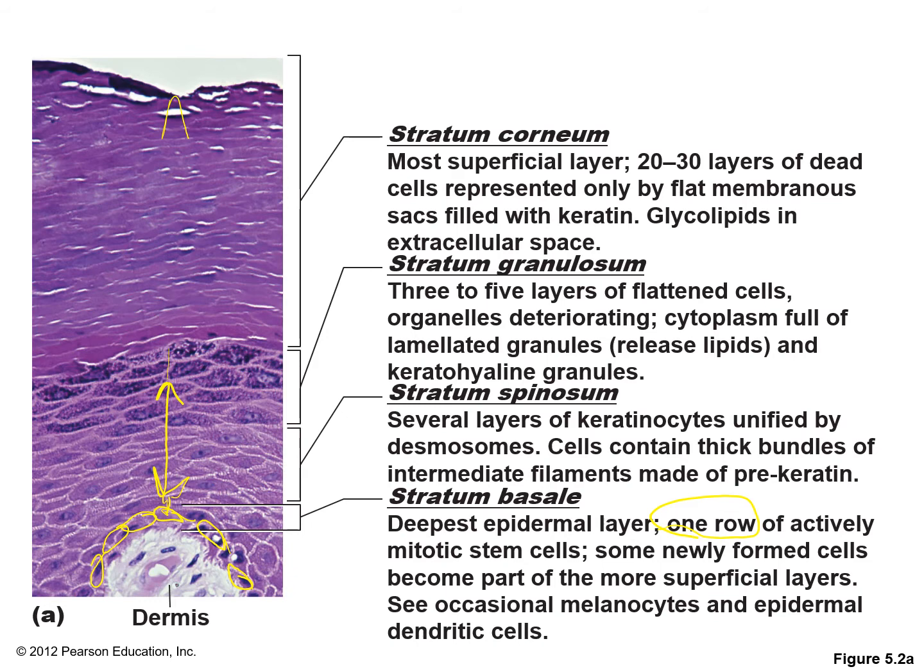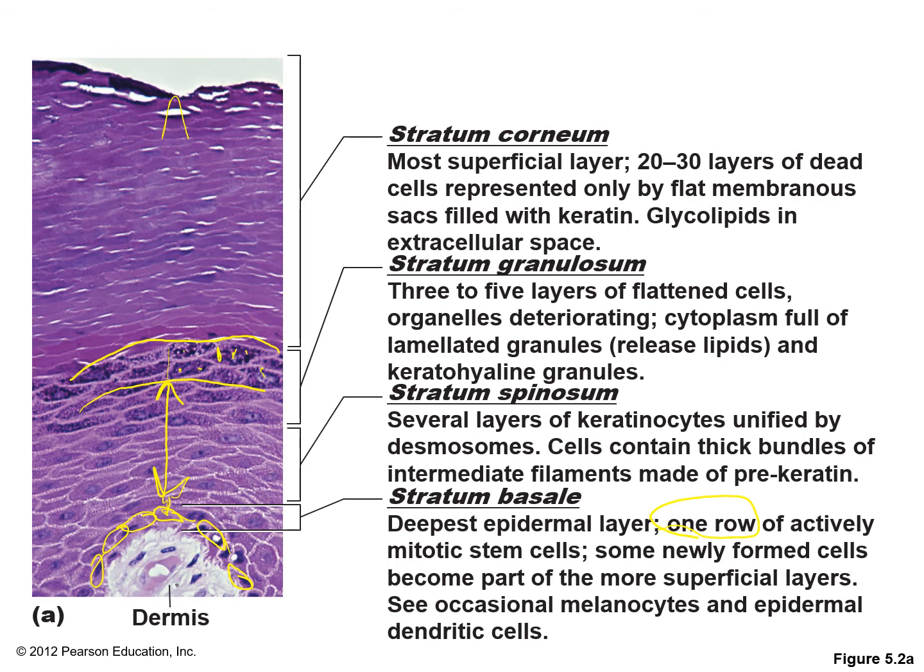So here in the stratum spinosum, those are cells whose membrane became thick, they start to synthesize lots of pre-keratin, they are connected by desmosomes, and they're getting to the point when they start dying here. Now, this layer is stratum granulosum, and actually you can see lots of granules.